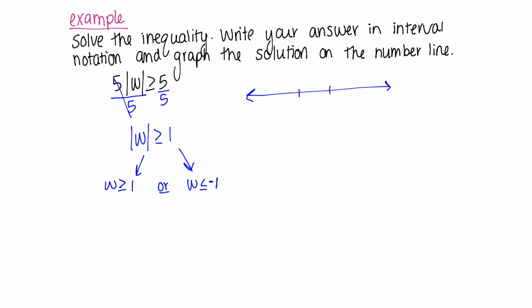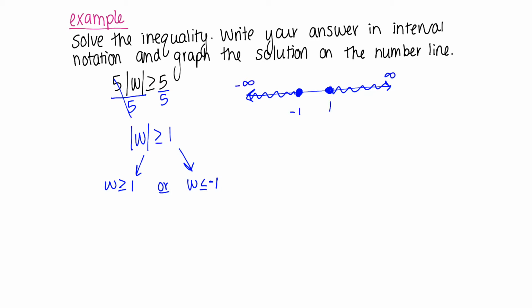So I'm making my number line. Here's -1, +1. If you have two inequalities, these are going to end up being the tail ends of your number line. I have underlines here, so that means I'm going to be doing closed circles and shading those tail ends. So over here, this is everything less than or equal to -1. Over here, this is everything greater than or equal to +1.